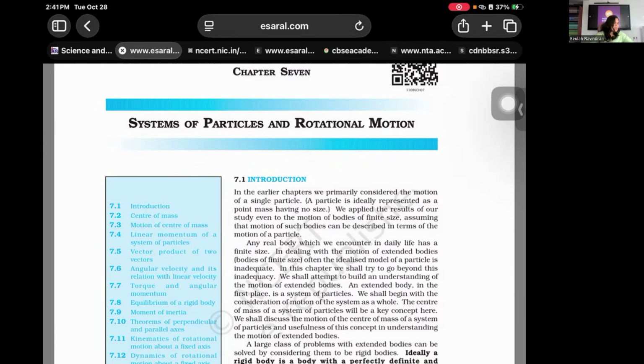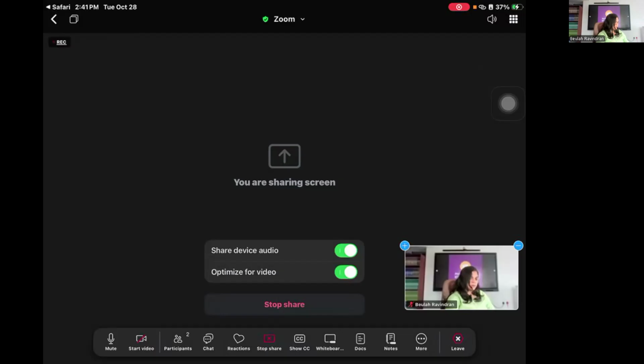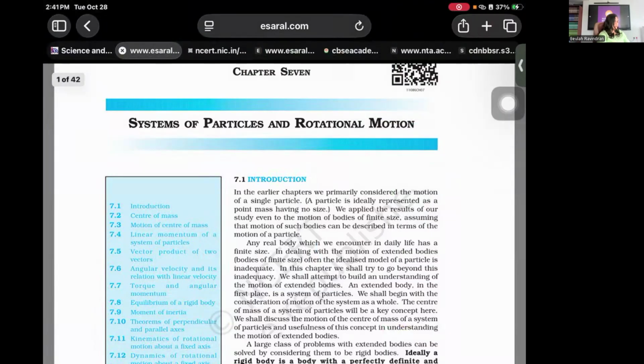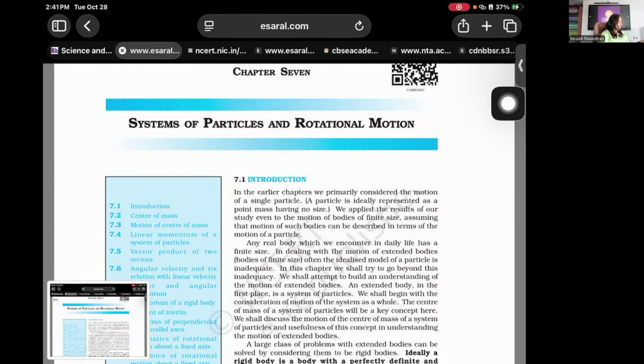Okay, we'll see this system of particles. So first of all, we are going to see the center of mass.